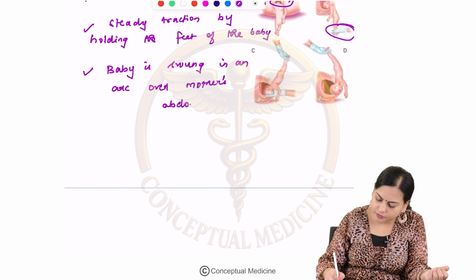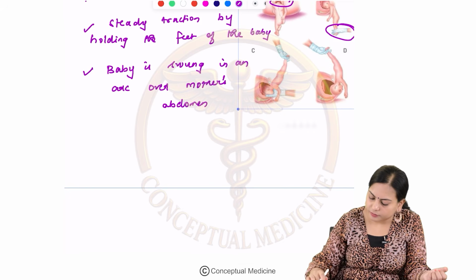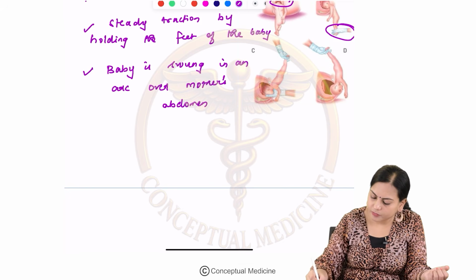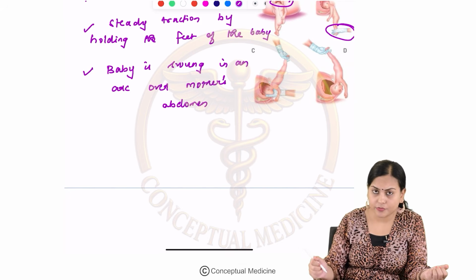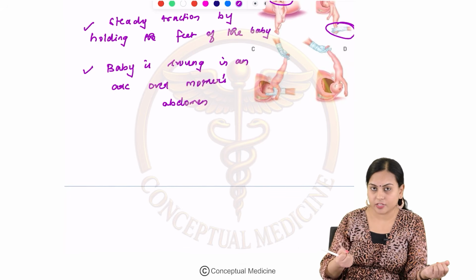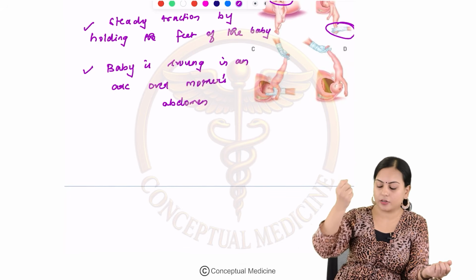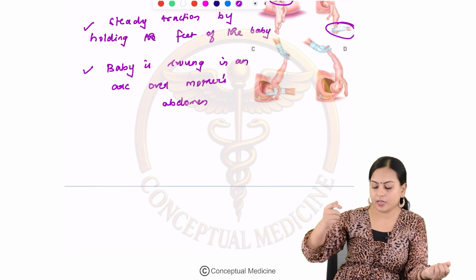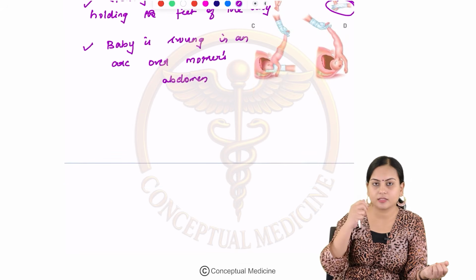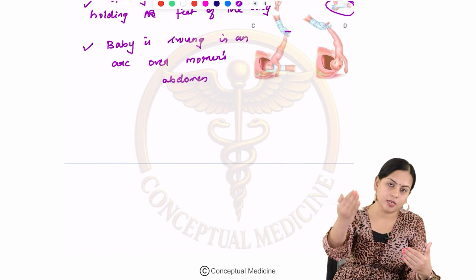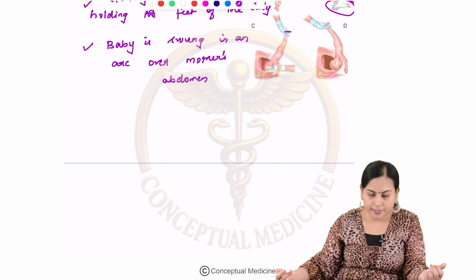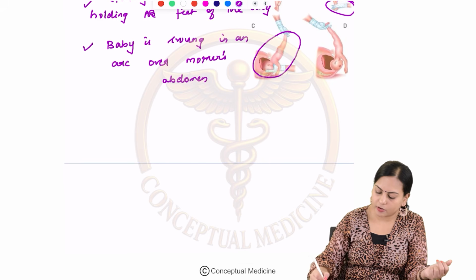If you see here, this is the foot, right? Holding this foot, first we are giving a steady traction and after that we are just making an arc with the fetal body, such that the fetal body should be thrown over the maternal abdomen. Clear? So, this is what is being done. Are you able to see?